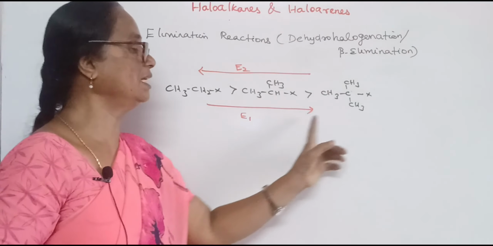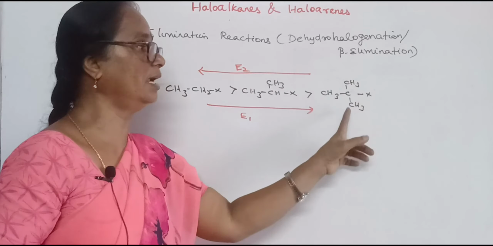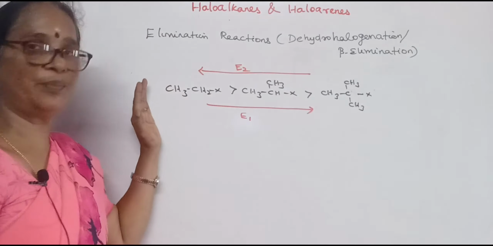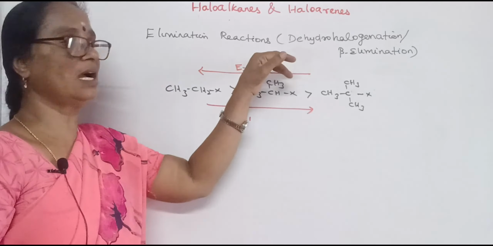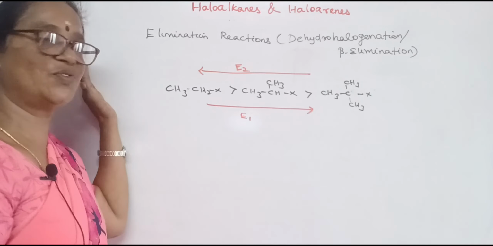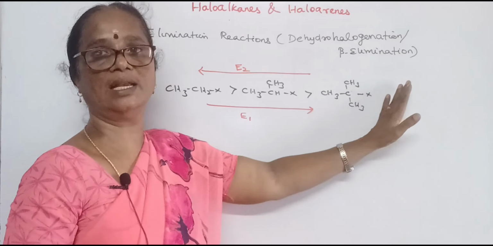In the opposite direction, tertiary alkyl halides undergo elimination reaction much faster than primary. But in the E2 mechanism, primary alkyl halides undergo elimination much faster than tertiary alkyl halides.